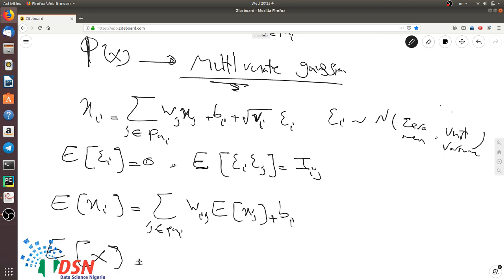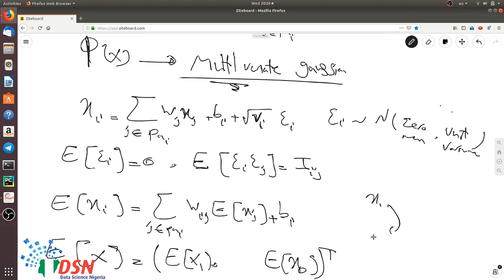The expected value of x is the vector of the expected values of x1 to xd, transposed. At first you could derive the expected value of x1, then x2 is a linear combination of x1, so after x1 you could derive the expected value of x2 and so on.